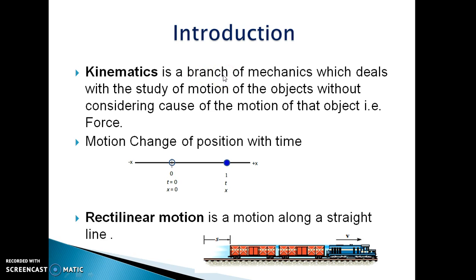In kinematics, we do not consider the force which causes the motion. So how to analyze the motion? In kinematics, we consider other parameters such as position, velocity, acceleration, displacement and time to analyze the motion of the particle.